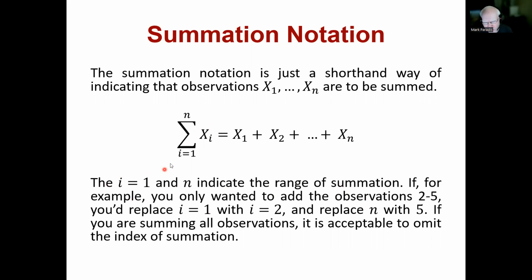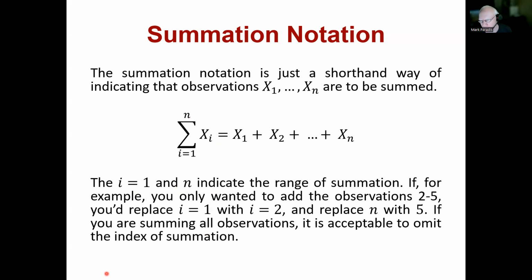So in this case, we're saying sum all observations of X from the first one through to the last one. So this is where you start. This is where you end. So we're saying from the first observation to the last observation, add up all of the observations of X.